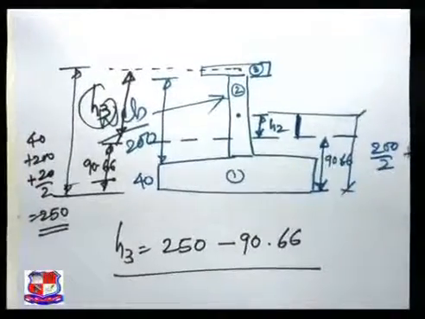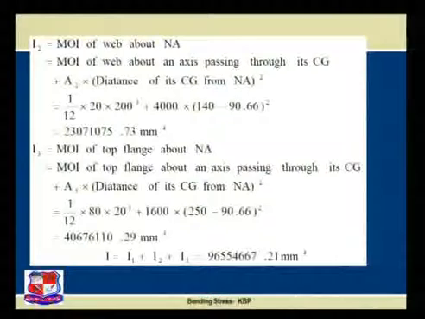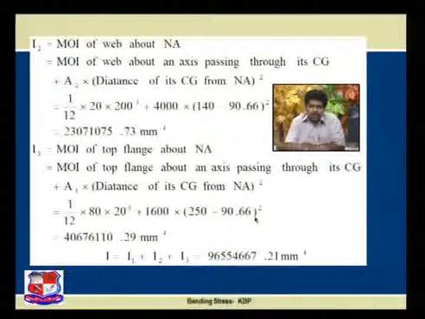Now let us come to the PPT. See, 250 minus 90.66 whole square, and we achieve this as I3.